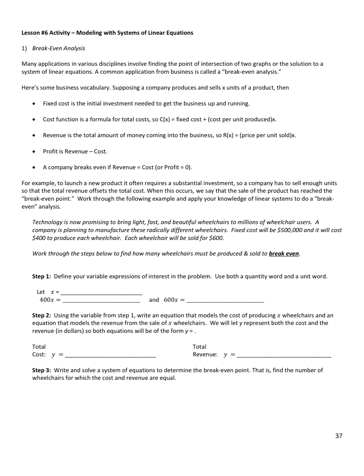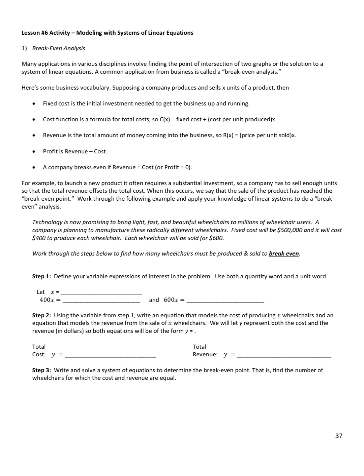So here's some vocabulary. Suppose a company produces and sells X units of a product. Fixed cost is the initial investment to get the business up and running. It does not depend on how many units they produce or sell. It just is. It's just an amount that you're going to have to pay no matter whether your business fails and you make and sell nothing, or thrives and you make and sell millions.